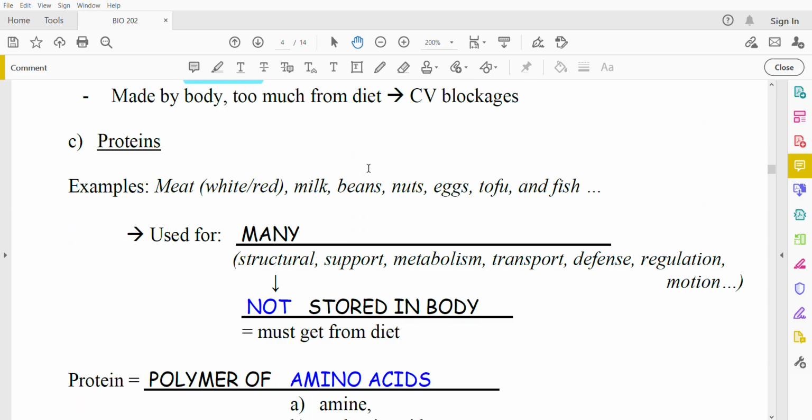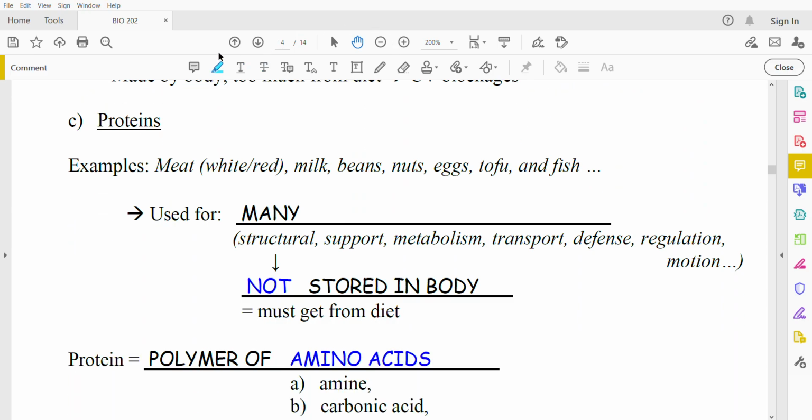So let's talk a little bit about proteins and why they are an important macromolecule for our body. Some of the natural sources of proteins, where we normally get proteins in the diet, are both red and white meats, milk, beans.